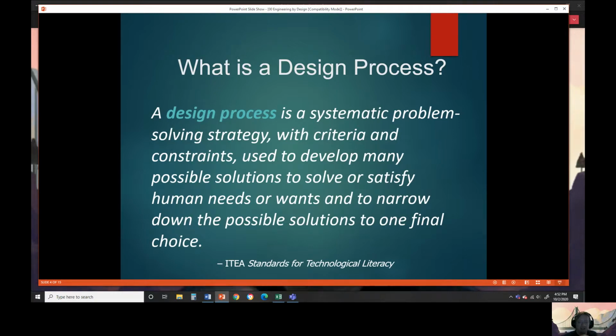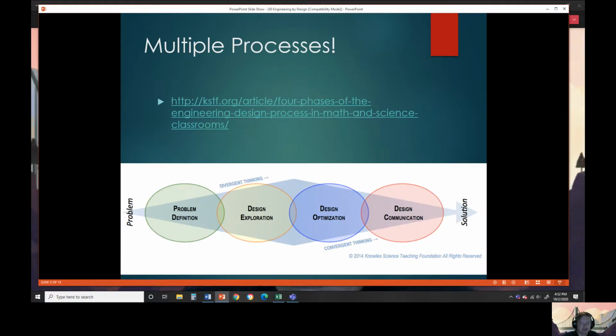Engineers are coming up with a possible solution to a problem, or something that we need to figure out, but that design process is a systematic approach, knowing what we need to do, what I'm allowed to do, and what my constraints are to solve that problem.